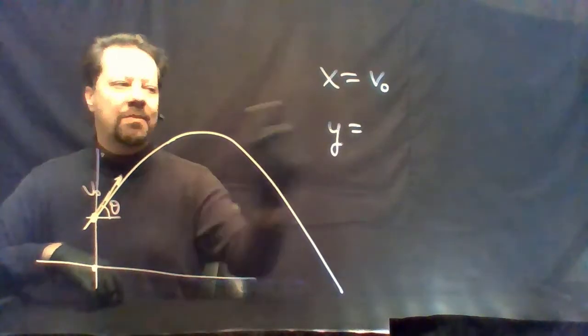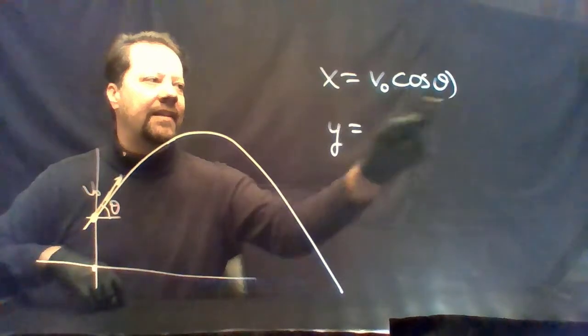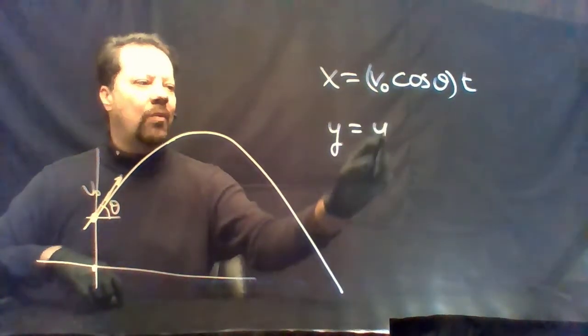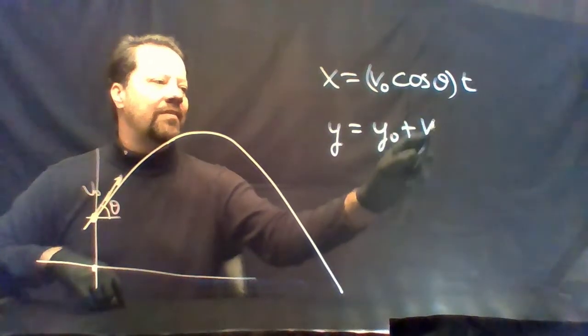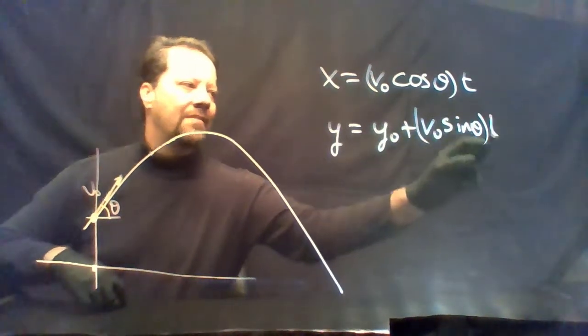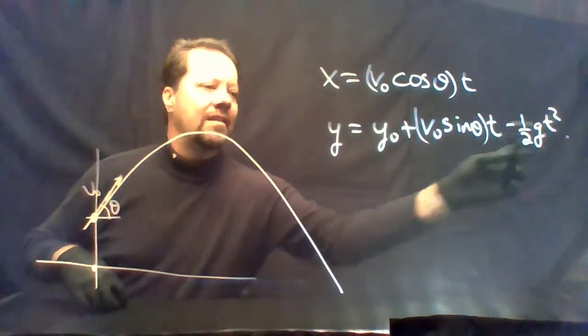We'll have some initial speed v naught times the cosine of theta times t, and we'll have y naught plus v naught sine theta times t minus 1/2 g t squared.